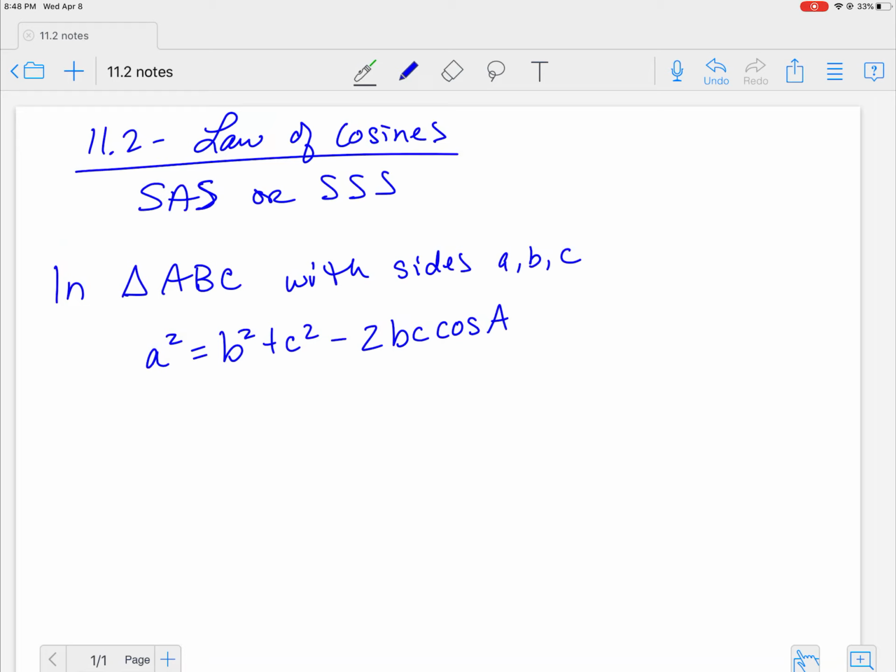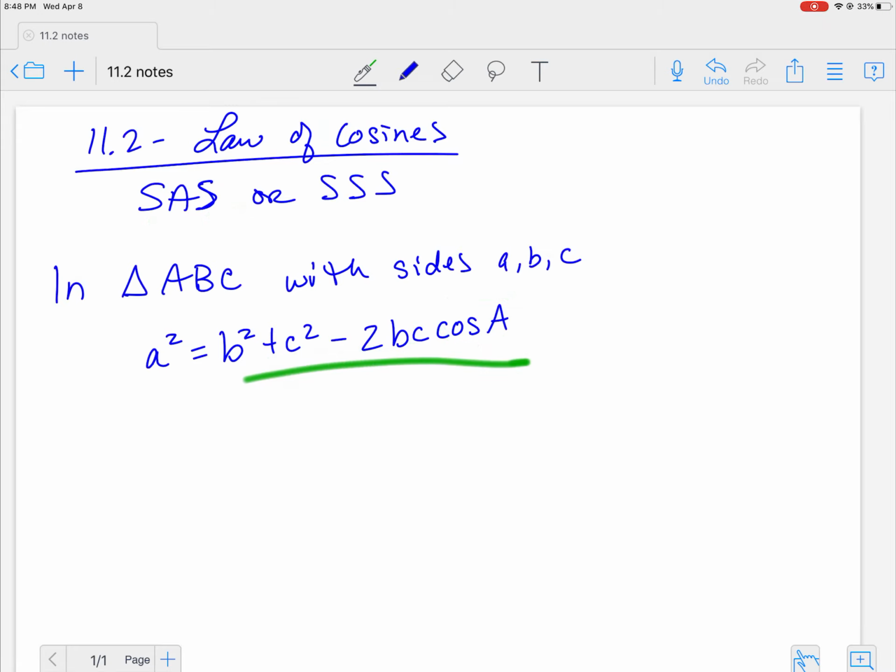Okay? All right, so in triangle ABC, with sides a, b, c, of course, this is what happens for our law of cosines. A squared is equal to B squared plus C squared minus 2BC cosine A. Now, it looks freakier than what it is. The rest of them are all the same pattern.